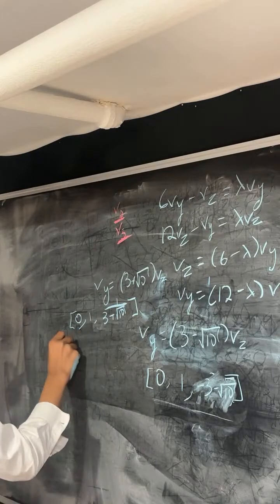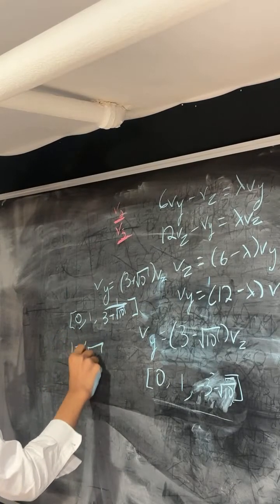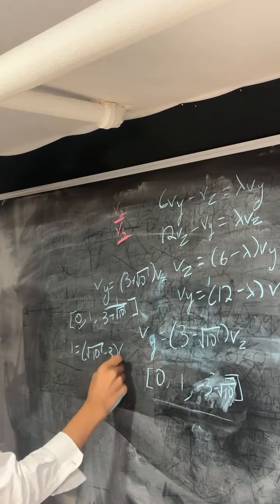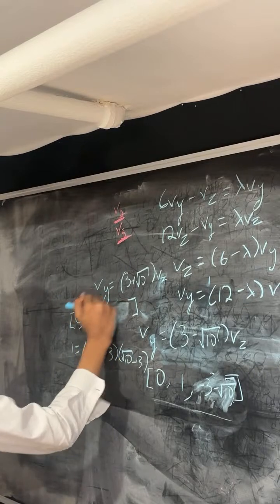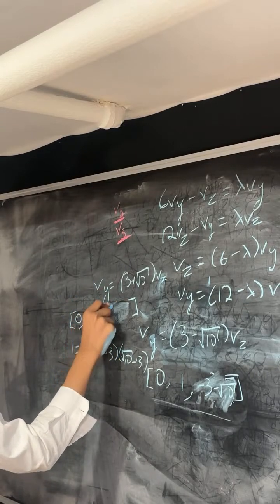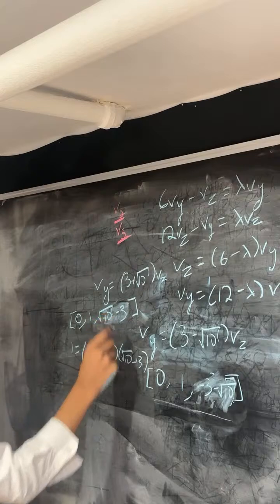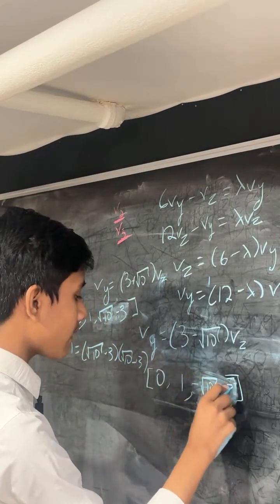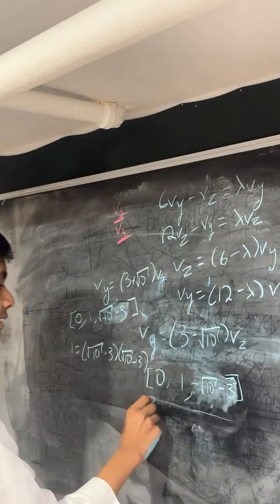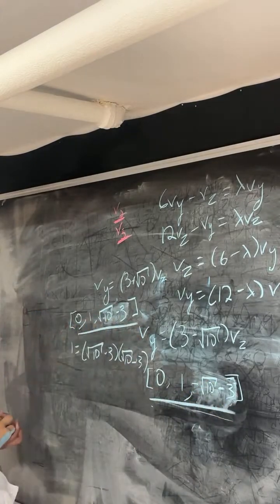Well, here's a reminder that 1 is rad 10 minus 3 times rad 10 plus 3, which means this is rad 10 minus 3. And this is, of course, minus rad 10 minus 3.